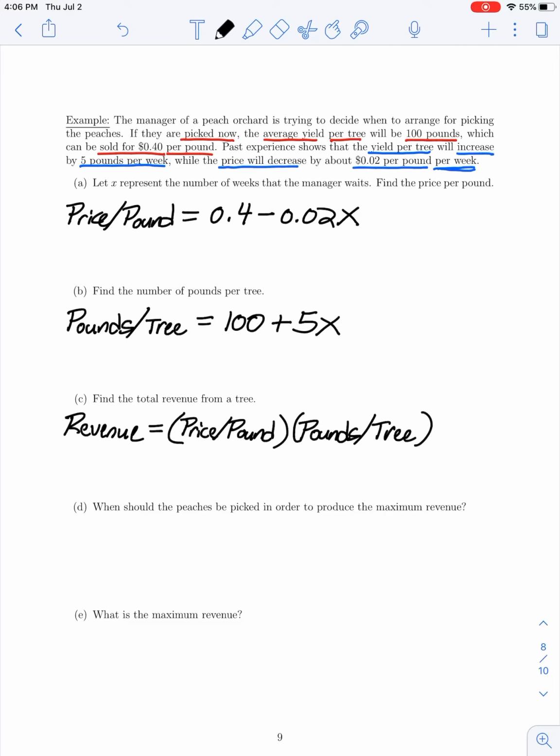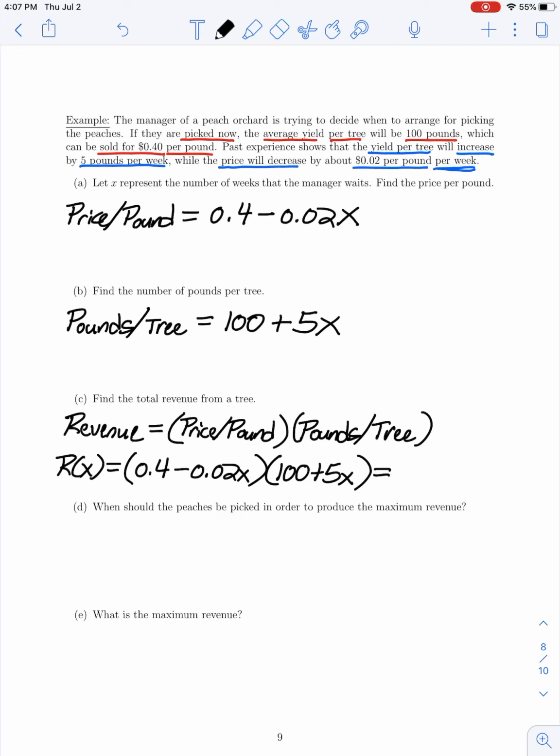And that would give us the price per tree, or our expected revenue per tree. So let's look at this. We have revenue R of x is the price per pound, which we found to be 0.4 minus 0.02x, multiplied by the pounds per tree, which is 100 plus 5x.